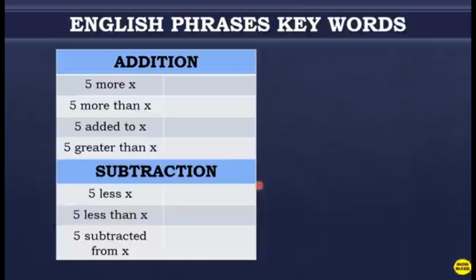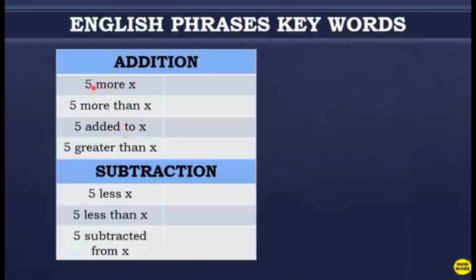Now, I want to give emphasis on these particular words because, as I have mentioned earlier, even a very short word would already mean a lot. So, for example, 5 more x, 5 more than x, 5 added to x, 5 greater than x.